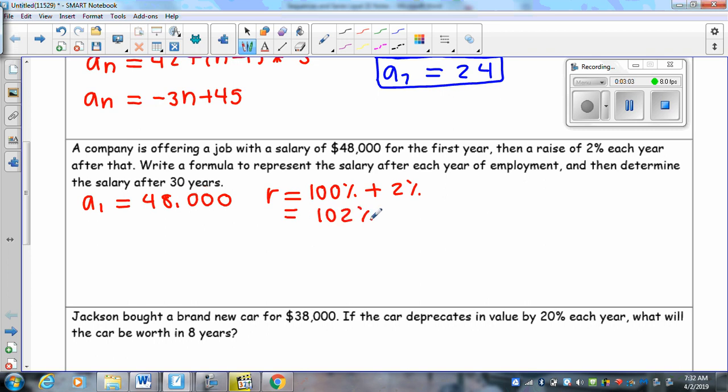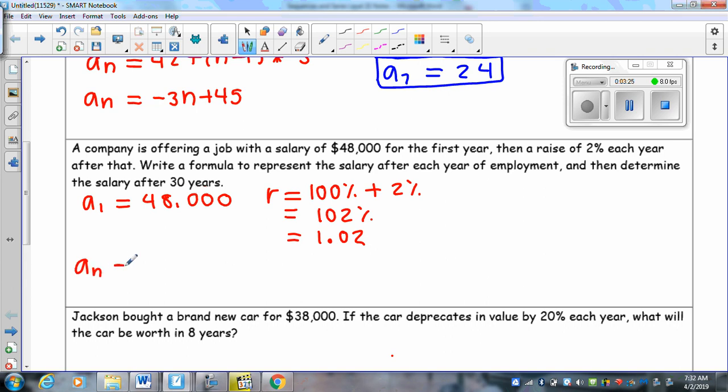However, we're not going to write it as a percent. We need to write it as a decimal. So R is 1.02. Okay, because we want our initial salary plus an additional 2, we have to take that 100% and add 2%. Okay, so we need to write a formula to represent the salary after each year and then determine the salary after 30 years. So let's write our formula.